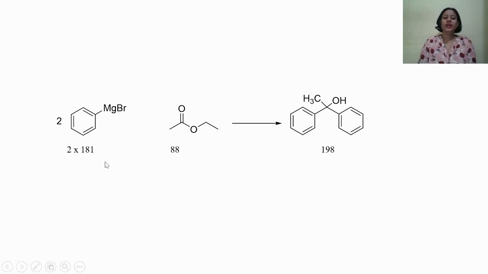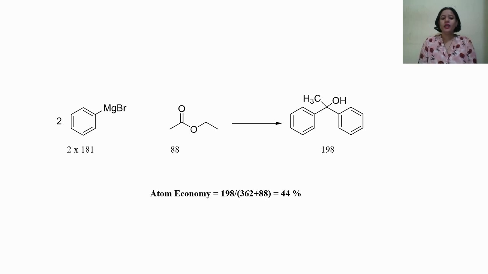As 2 moles of Grignard reagent are reacting, the molecular weight of the reactant will be twice 181, plus 88. So atom economy will be 198, the formula weight of the product, divided by the formula weight of the reactants, 2 into 181, which is 362, plus 88. So the atom economy of this particular reaction is 44%.